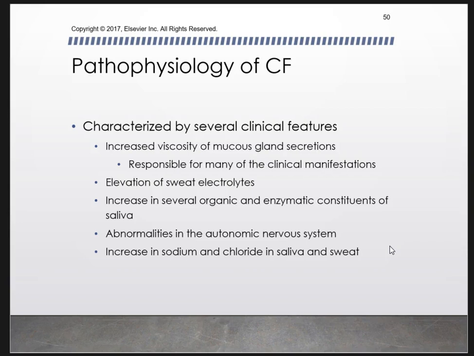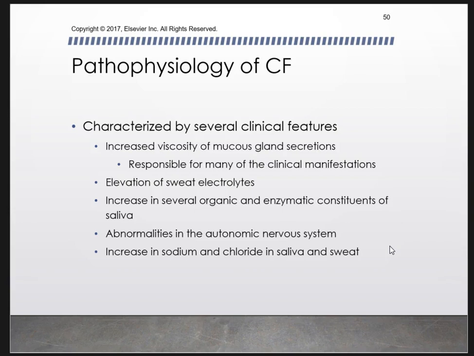And that ends up being one of the big, let's call it a trigger for some of the other clinical manifestations and multi-system involvement. And the pancreas is also involved in this. So the pancreas and the GI system are going to be kind of that secondary system when I'm saying multi-system involvement.